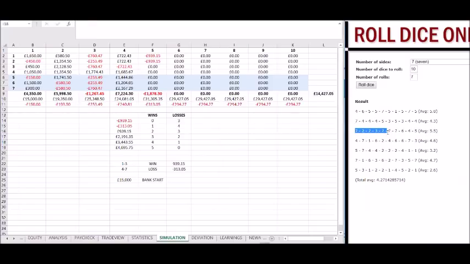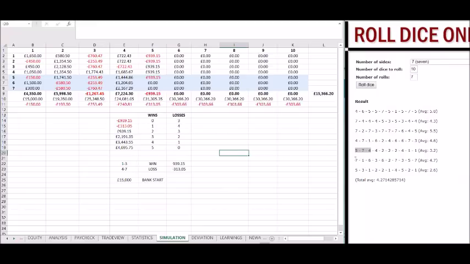So for Wednesday, 2 wins, £939.15. On Thursday, we've hit 2 wins, which is again another £939.15. Now we've hit Friday. Now Friday we've hit 3 losses, so that's minus £939.15.